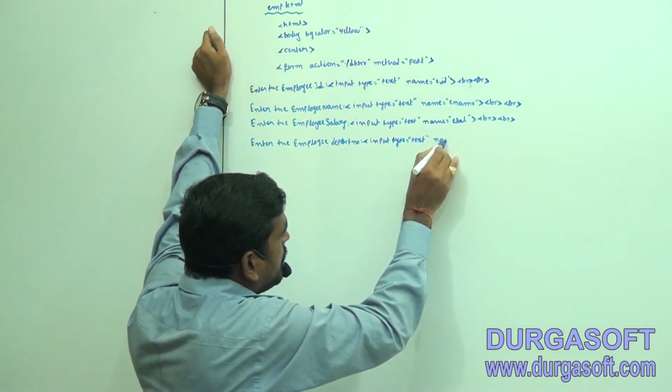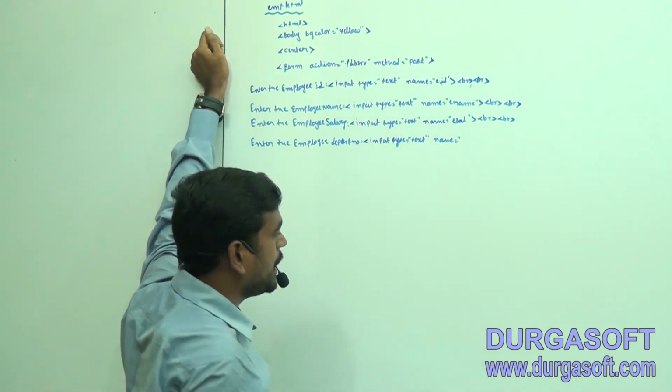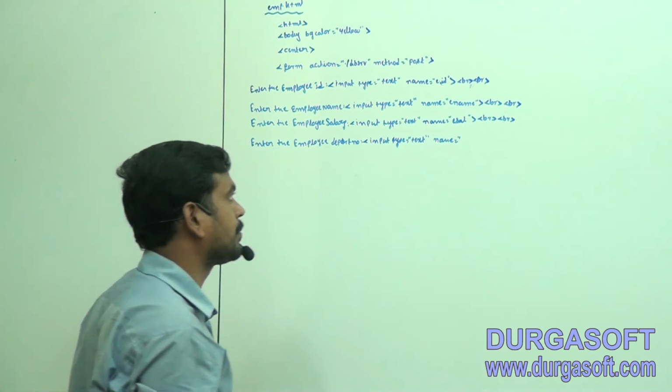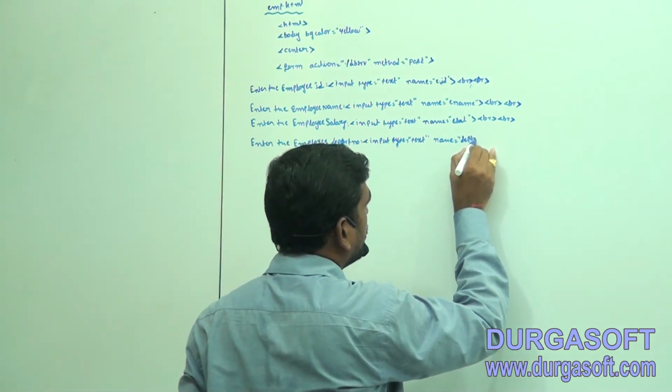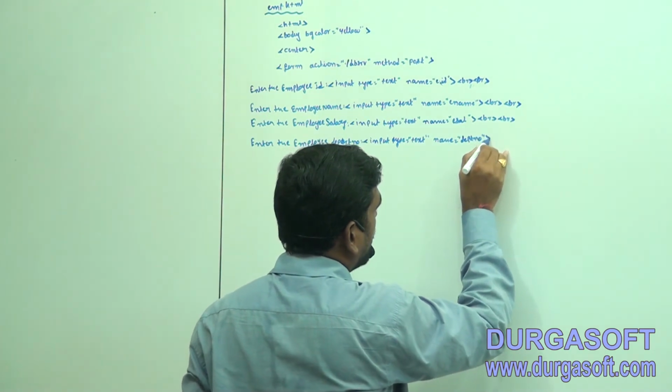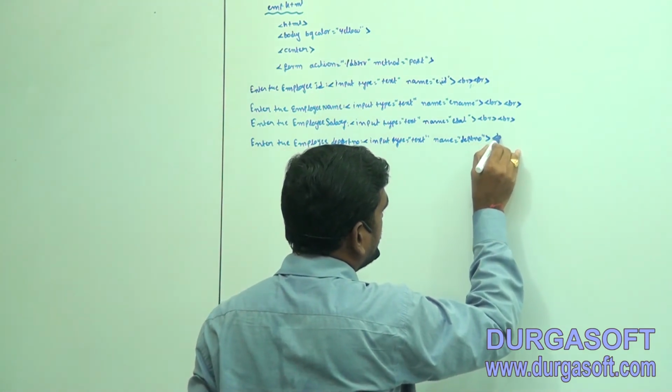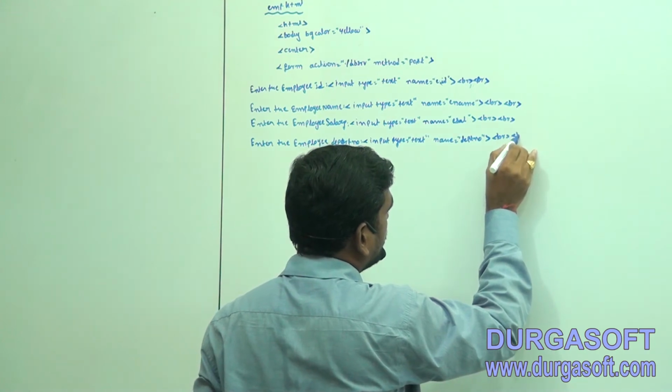Name is equal to deptno. The next, BR tag.